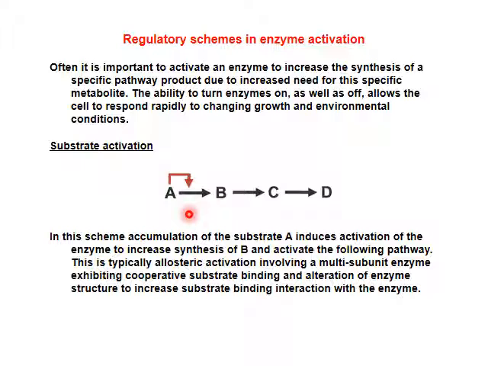So you can imagine different combinations of activation and inactivation. Again, with this substrate activation, it's going to be mostly through multi-subunit enzymes that promote the higher concentrations of A, better binding of A, and more production of B, and eventually D. So a lot of these allosteric regulators go through the enzymes that have multiple subunits.